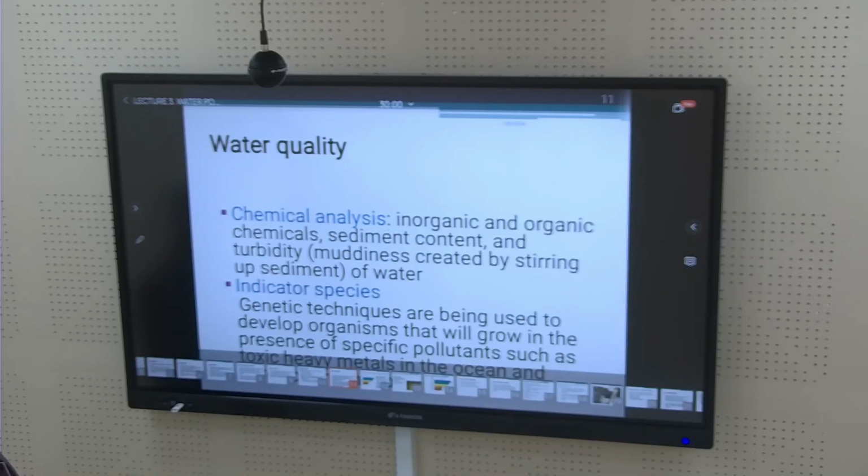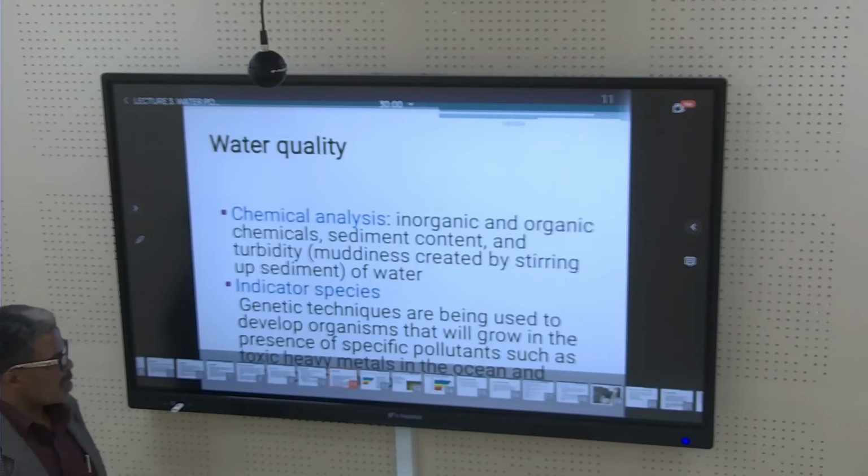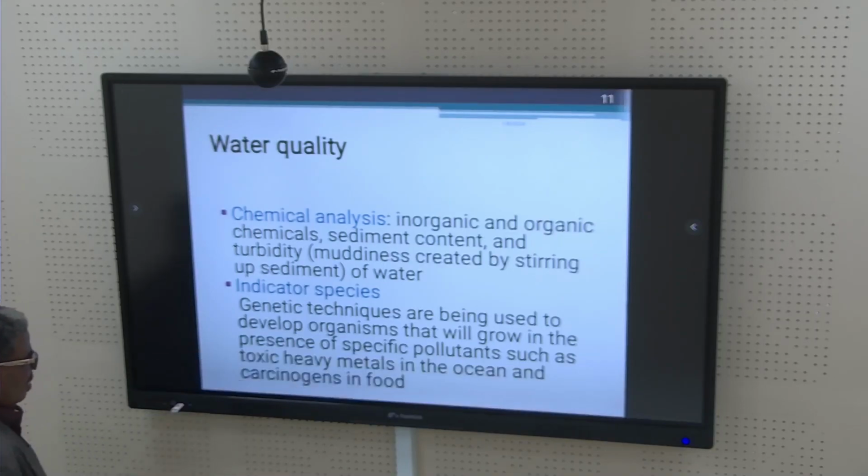Another indicator species, genetic techniques are being used to develop organisms that will grow in the presence of specific pollutants, such as toxic heavy metals in the ocean, carcinogens in food. So these will help you to indicate the quality of water by using such kind of indicator species.